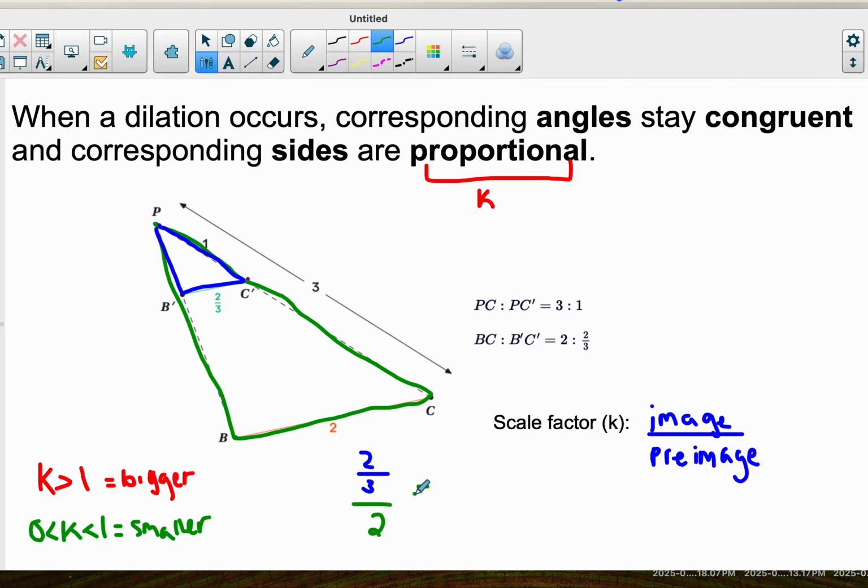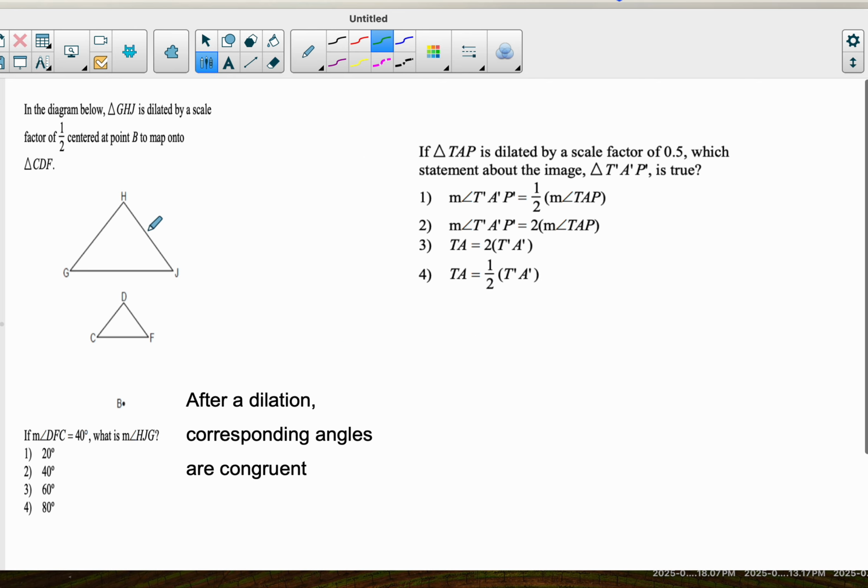If you do that on your calculator and divide 2/3 by 2, you should arrive at the scale factor, which here is 1/3. So by taking a side from the image and dividing by the corresponding side from the pre-image, you can always find what your scale factor is, even if the numbers aren't very nice.